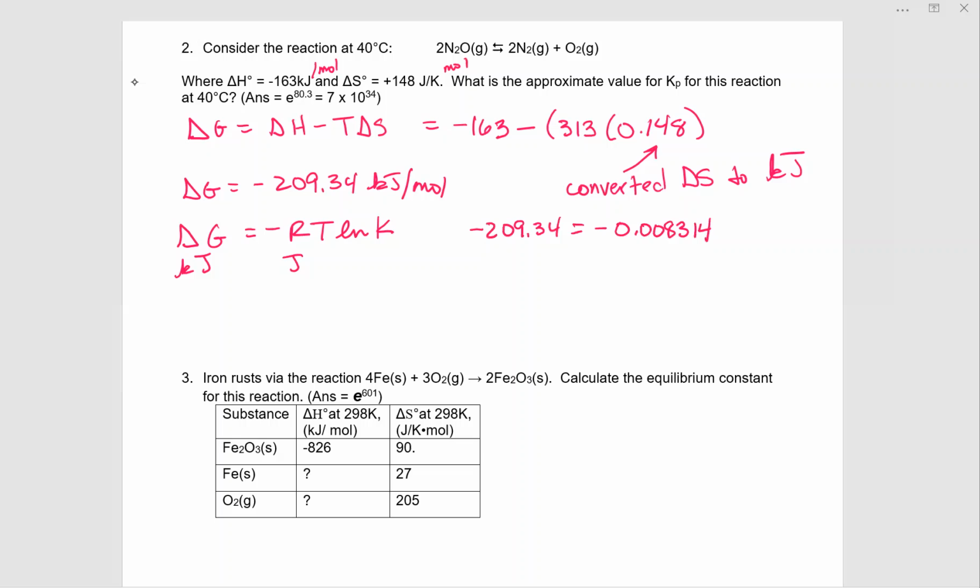So I converted 8.314 joules to kilojoules. 313, there's my temperature, ln of K. When you do that, you have that 80.4 is equal to ln K. And remember what that means is we take e and we raise it to the 80.4 power. And when you do that, I think when I just did this, I got 5 times 10 to the 34th.